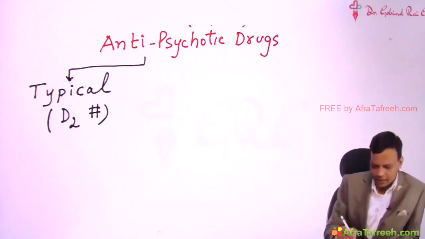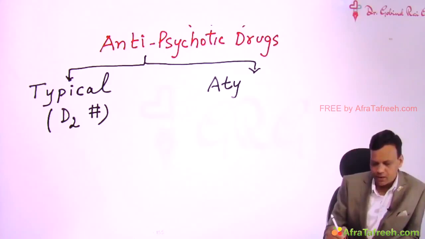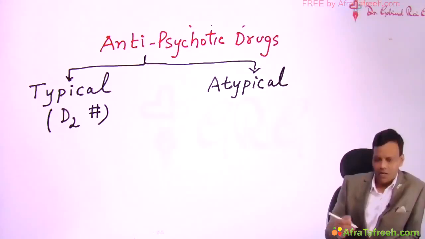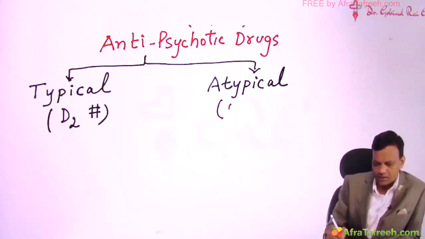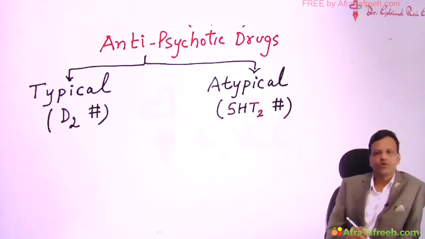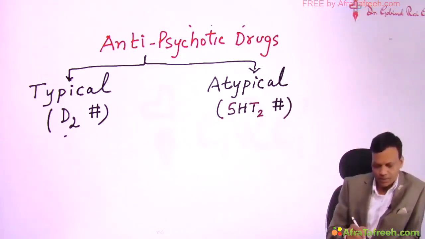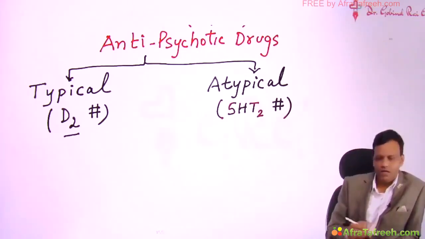Now if a drug acts by any other mechanism, then it is called an atypical antipsychotic drug. The most important among these is the 5-HT2 receptor blocking mechanism. So if a drug mainly blocks the D2 receptor, it is called typical antipsychotic. If a drug mainly blocks 5-HT2, it is called atypical antipsychotic.